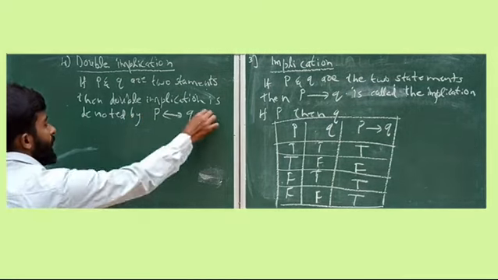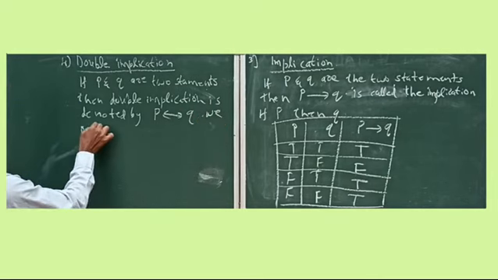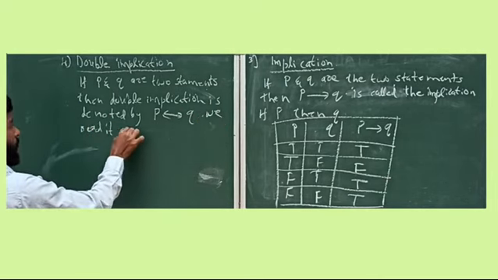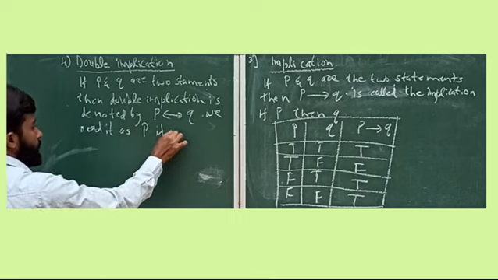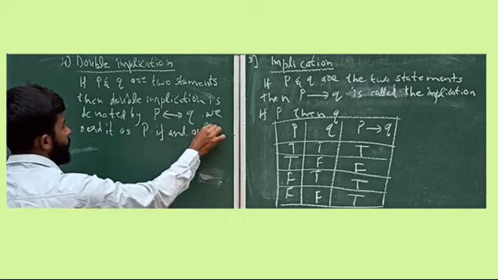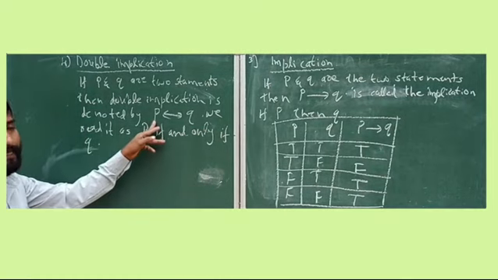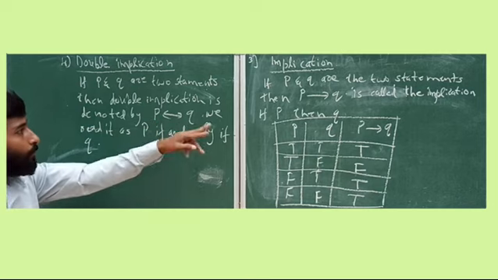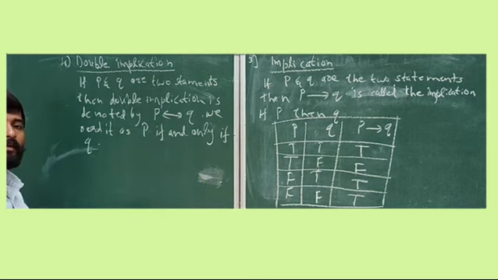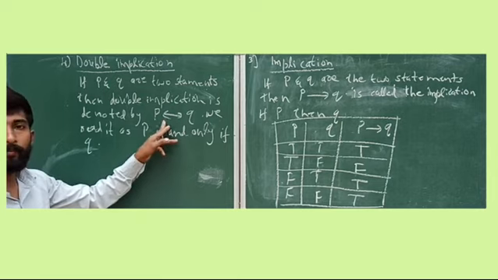We read it as P if and only if Q. Double implication means first you are taking P implies Q, then you are taking Q implies P. In the first case P is the condition, Q is the conclusion. In the second case Q is the condition, P is the conclusion. That type of sentence we call a double implication, and it is denoted by this symbol.